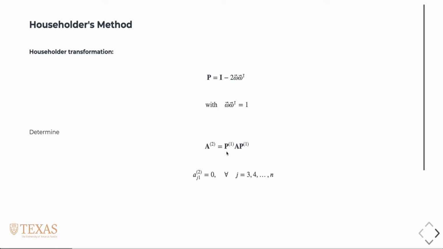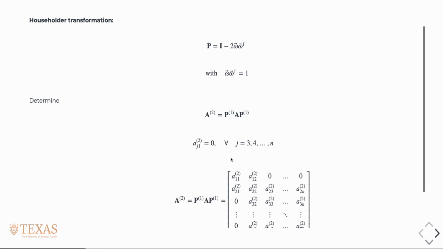And then we can apply this transformation. If we apply it the first time, we will have a matrix that has this kind of structure. Then what we can do is basically ignore those rows and apply the transformation to the remaining matrix.